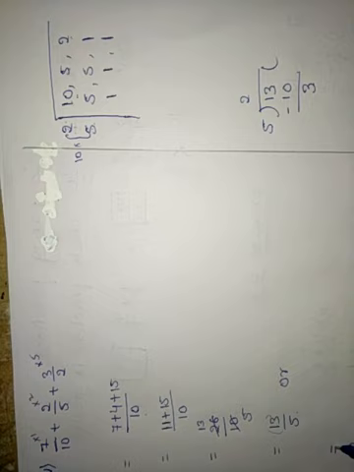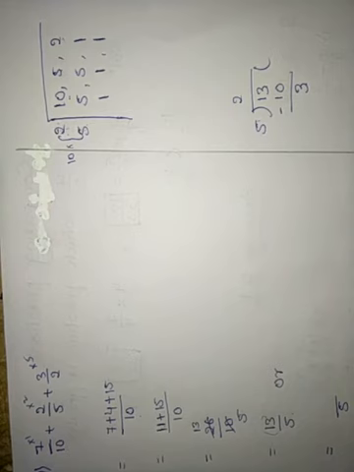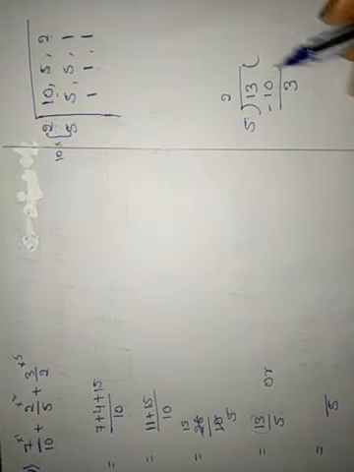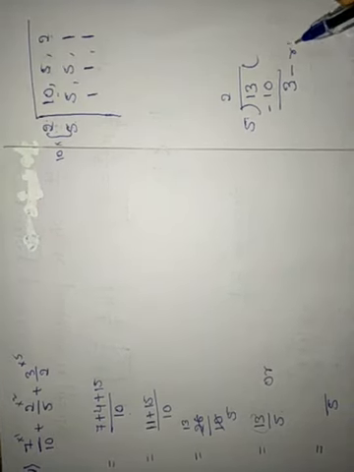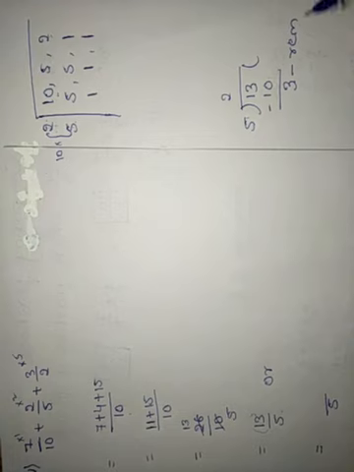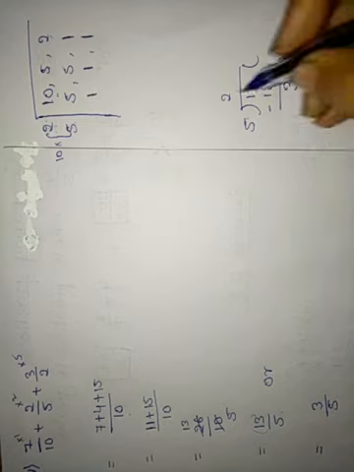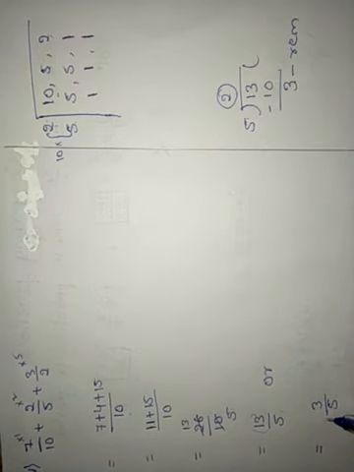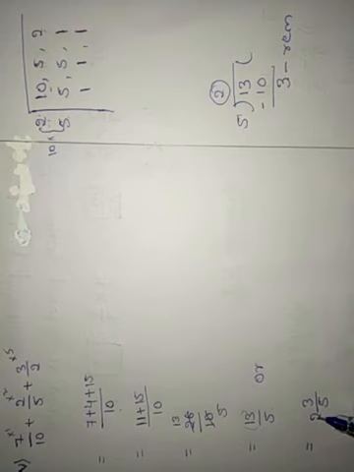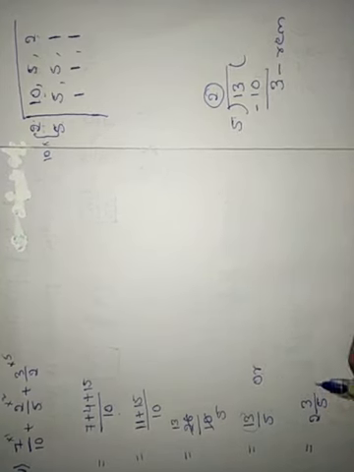We'll write the 5 as it is at the denominator, and 3 is the remainder here. Yes or no? We'll write the remainder at the numerator place, and this quotient value we'll write at the integer part, right? That is 2 integer 3 by 5.